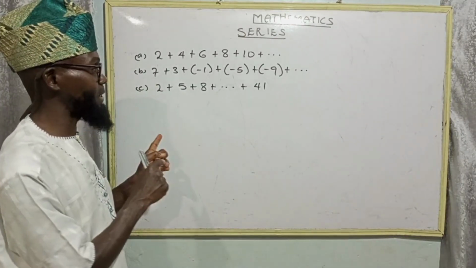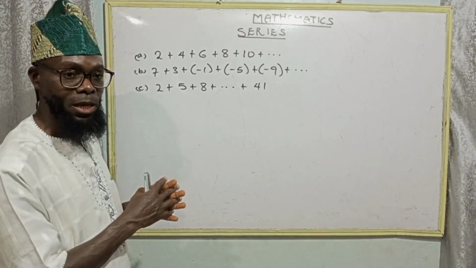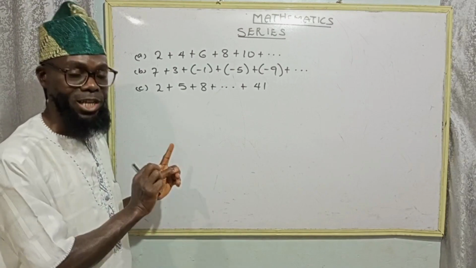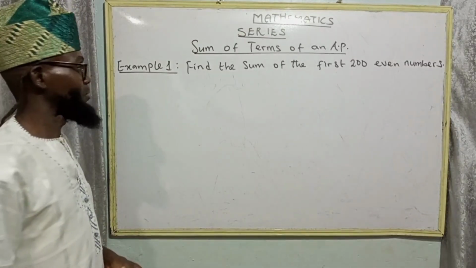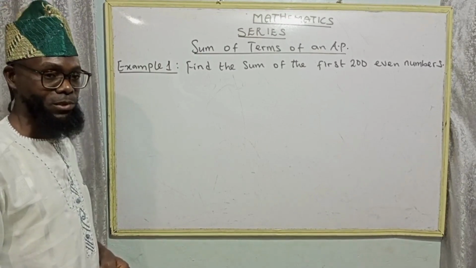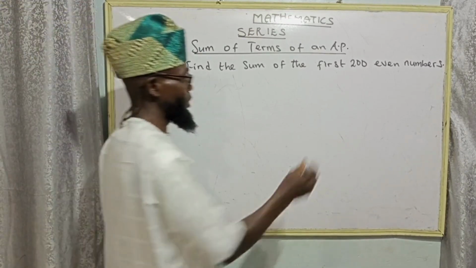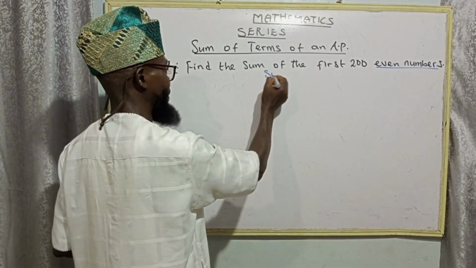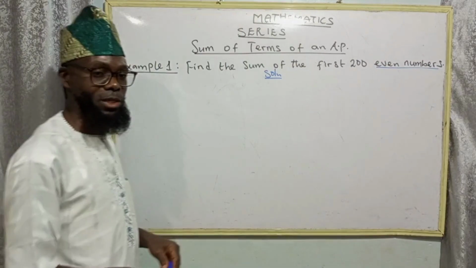Now, from these types of series, we can look at the sum of an arithmetic progression. Example 1. Find the sum of the first 200 even numbers. Don't forget, even numbers are numbers that can be divided by 2 without a remainder.